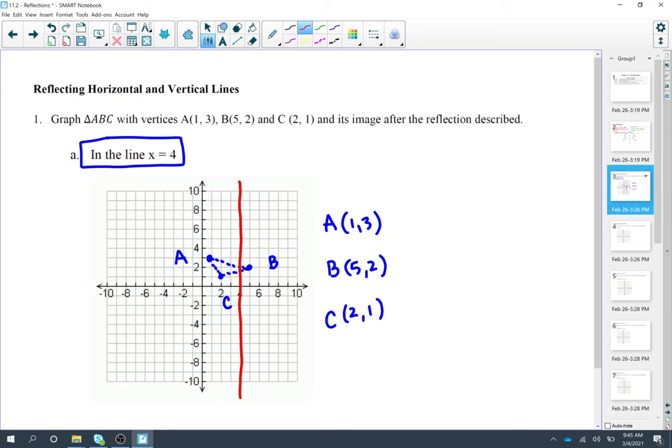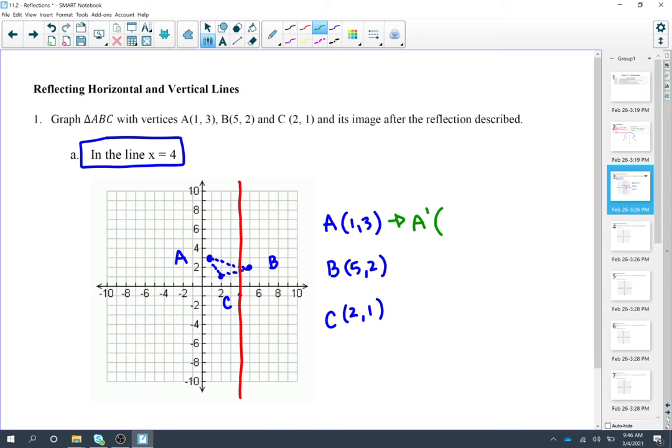Now, notice that half of our figure is kind of on the left of the line and the other part is kind of on the right of the line. So anything on the left is going to reflect to the right, and anything on the right is going to reflect to the left. So if we're looking at that, A prime is sitting over here, so he's got to reflect over here. And the easiest way is to count distance.